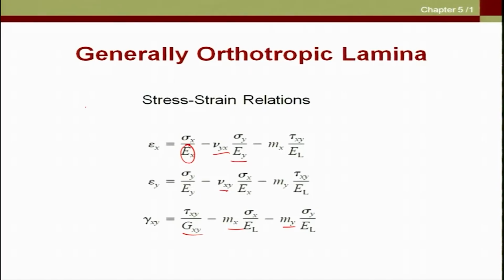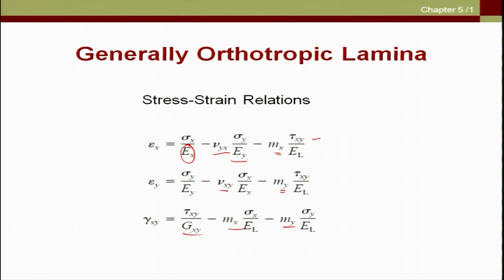In that case, the coupling between the shear stress, which is tau xy, and the extensional strain is through mx, and the role of mx and my becomes 0 for theta equals 0 and 90 degrees.